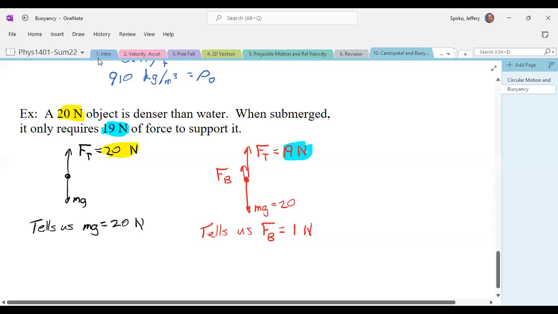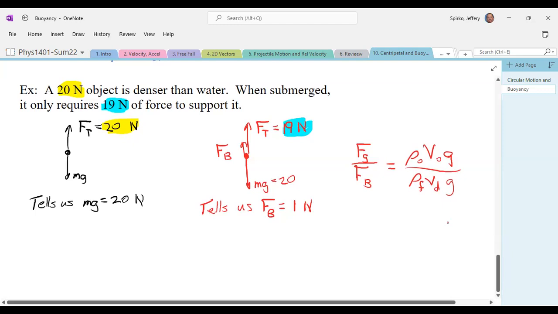So then the third phase of this is to compare the force of gravity to the force of buoyancy. And that is rho object V object g over rho fluid V displaced g. So that's using raw equations from the equation sheet, and I'm just declaring my intent to do this.